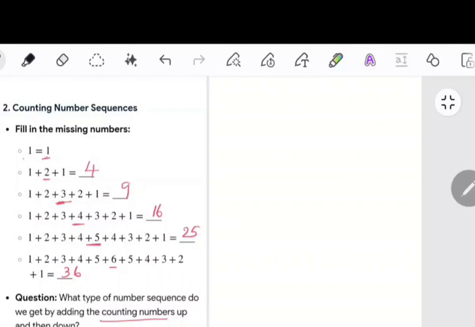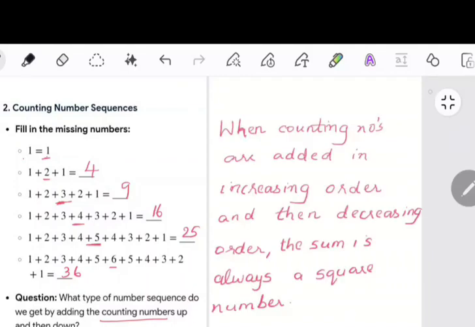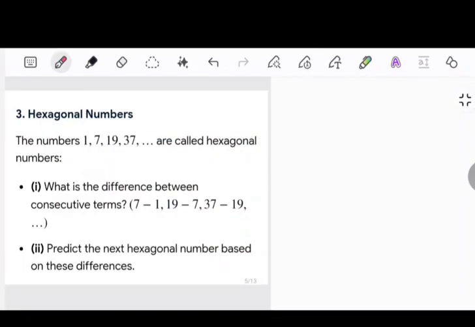Therefore, we can conclude that when counting numbers are added in increasing order and then decreasing order, the sum is always a square number. Okay, clear? So next one, hexagonal numbers.